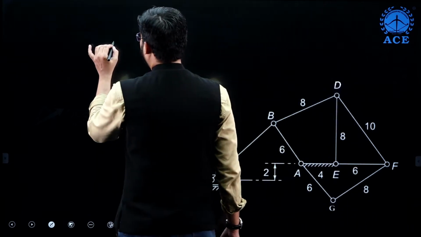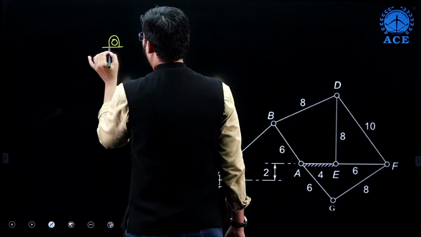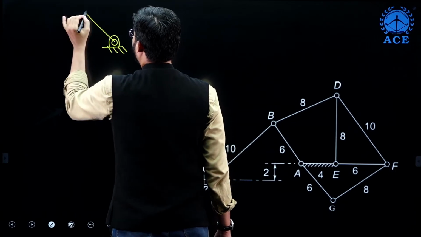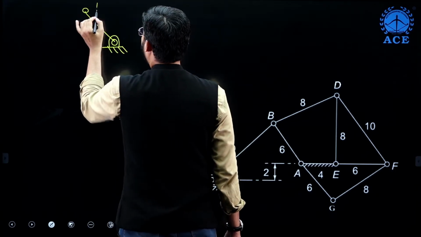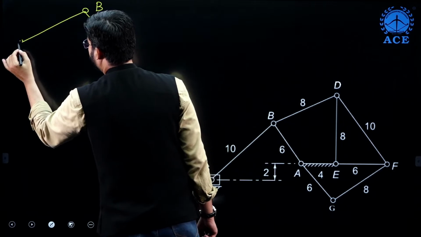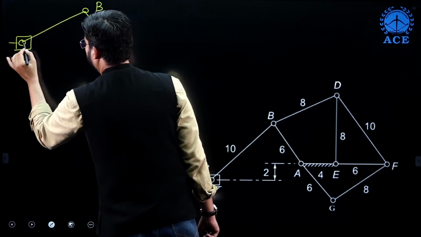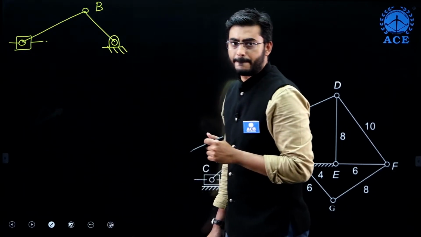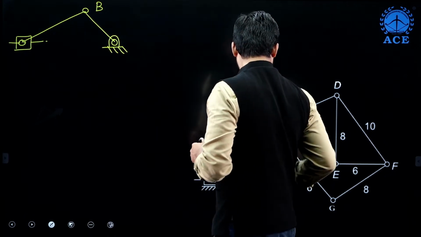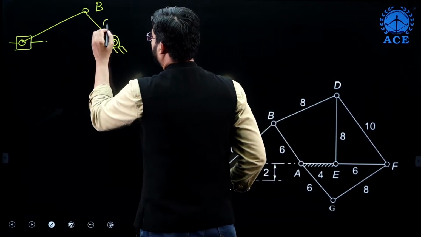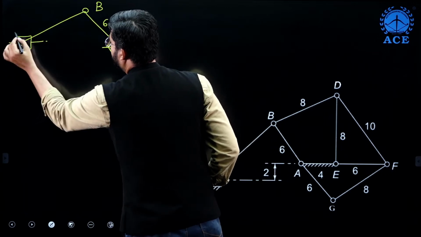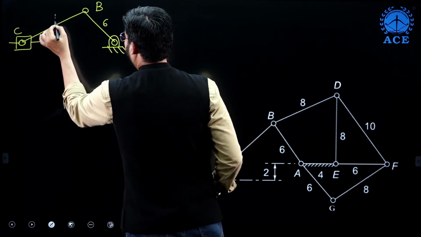So what do we get here? This will be point A and this will be point B and this will be the slider. Now here the length of AB is 6 and length of BC is 10.